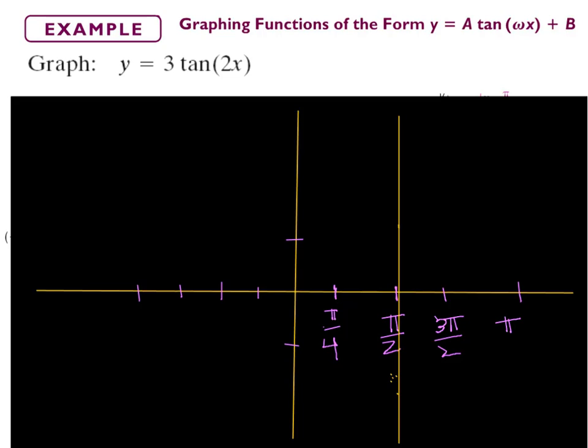Probably more work than it's worth, it takes more time to do it than it's worth. Yes. Yes, Griffin.